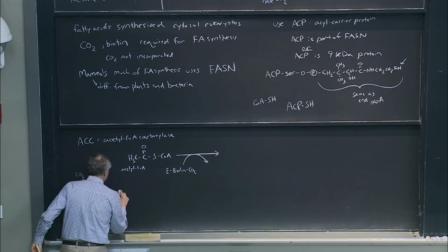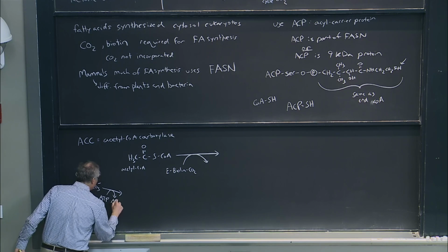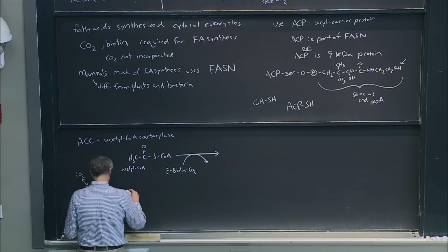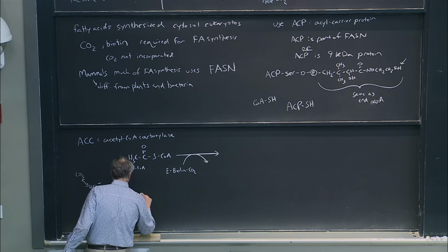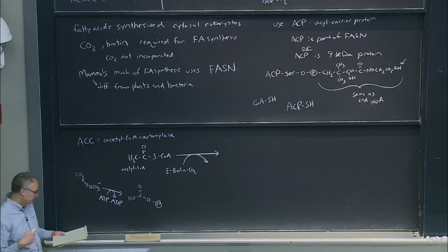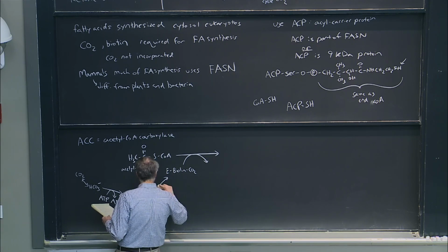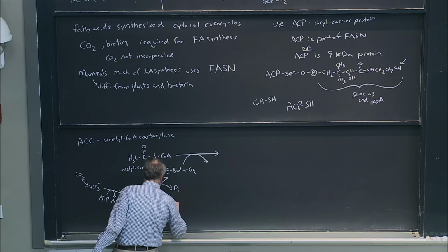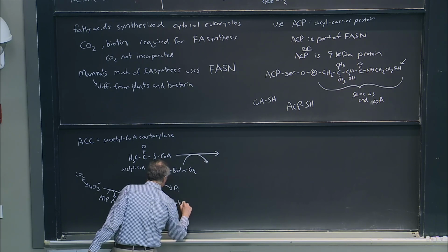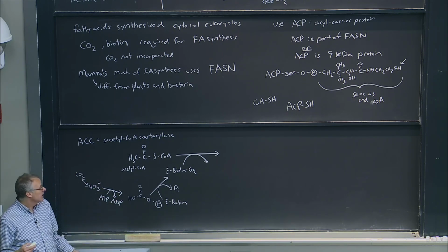That bicarbonate can be phosphorylated by ATP to give this phosphobicarbonate, and then that phosphate can be released to add the CO2 onto the active biotin, part of the enzyme.